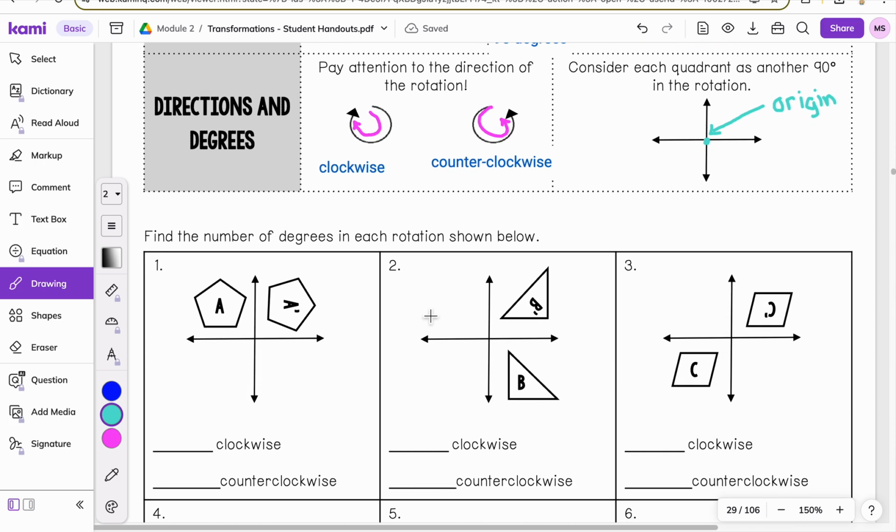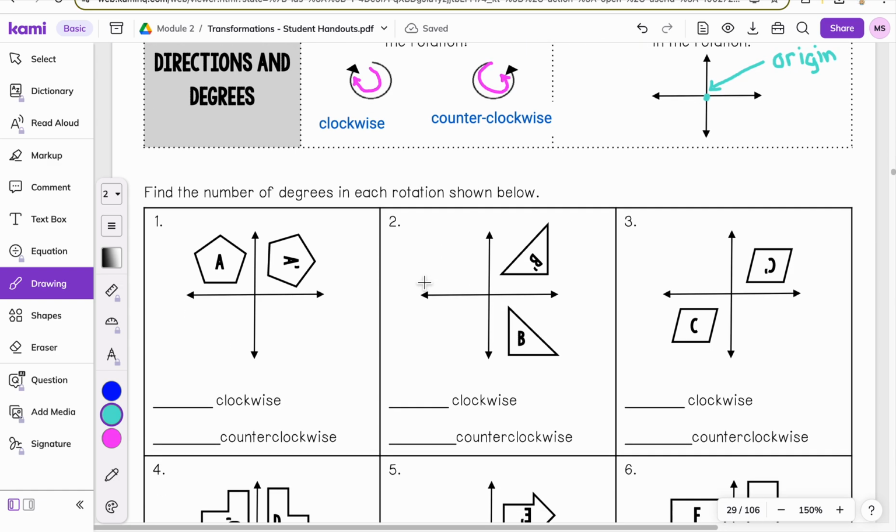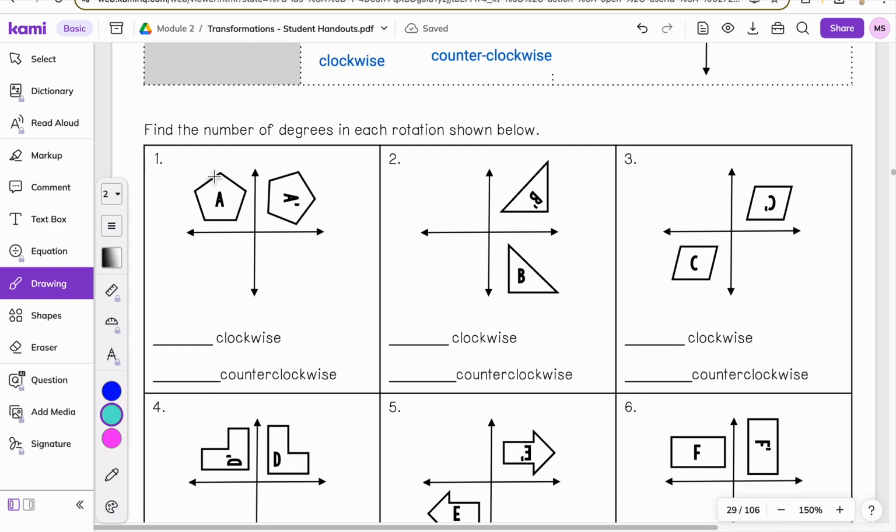So we're going to look here. We're going to find the number of degrees in each rotation shown below. So we have these two shapes, both with A in the middle. Notice this one says A prime, so we know this is the after. So we're starting here.